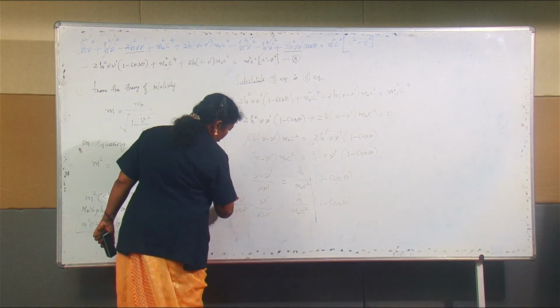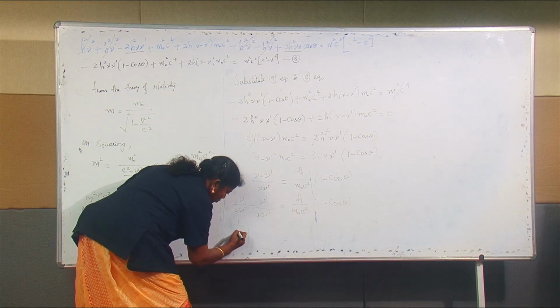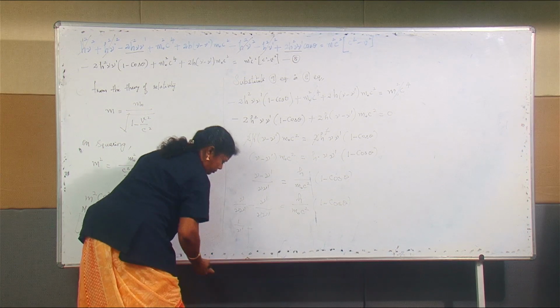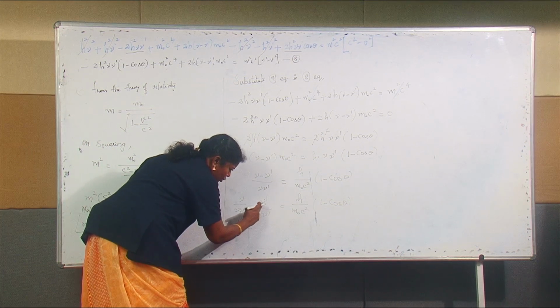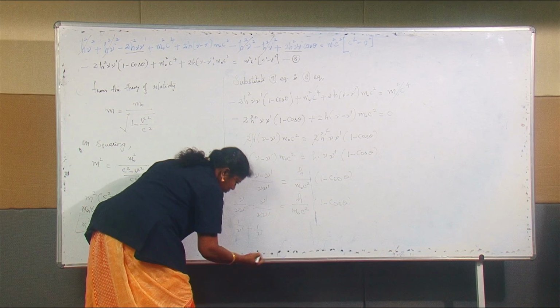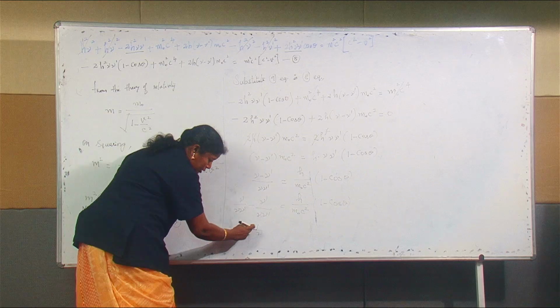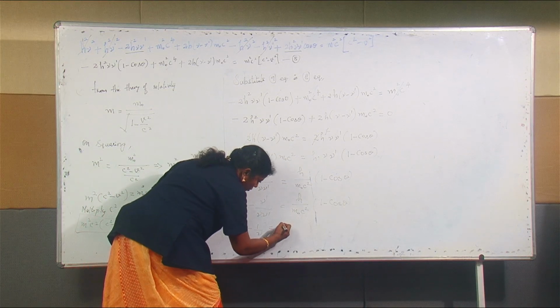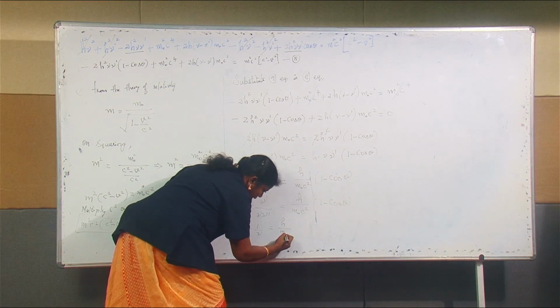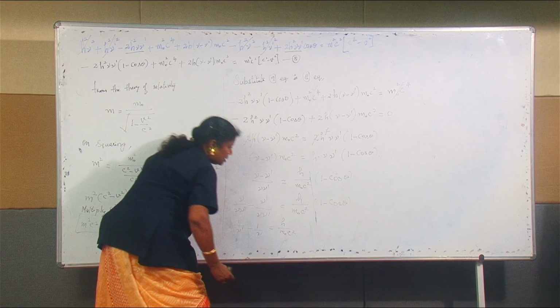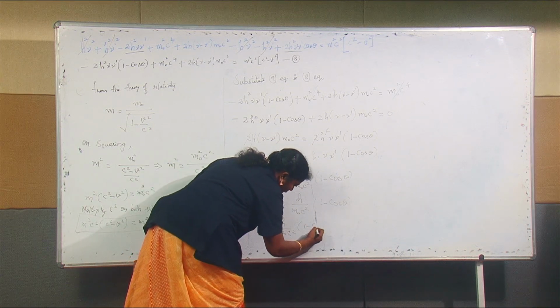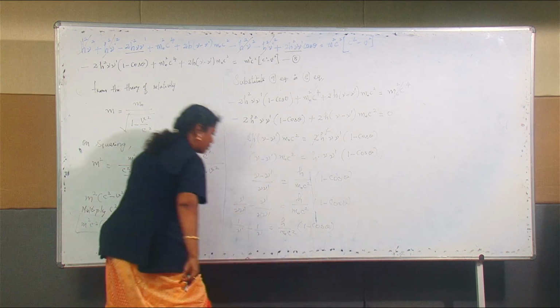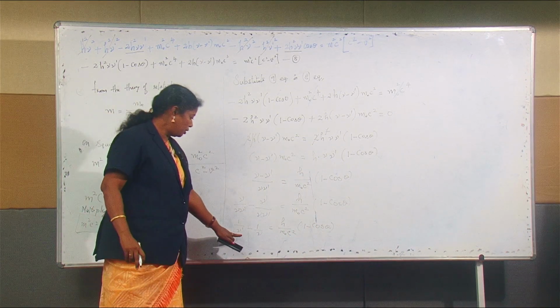Nu dash and nu dash cancel, so we get 1 by nu dash minus 1 by nu is equal to h by m naught c squared (1 minus cos theta). This is the final equation in terms of frequency.